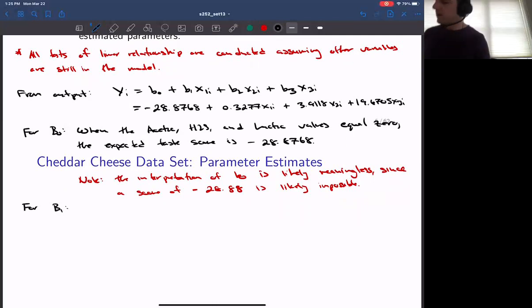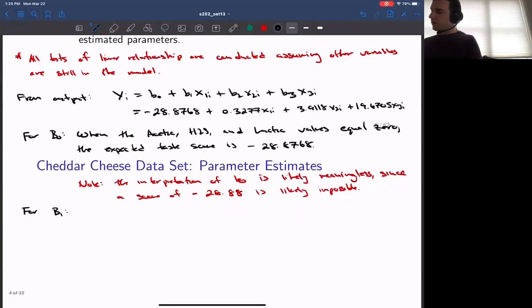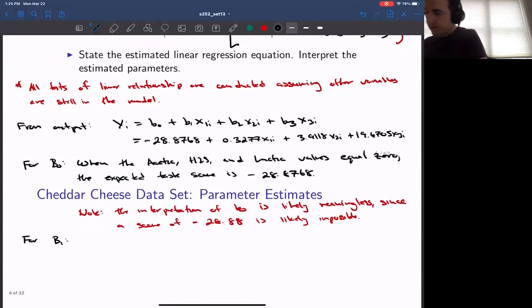All right. For beta 1, we are interpreting the value of acidic.